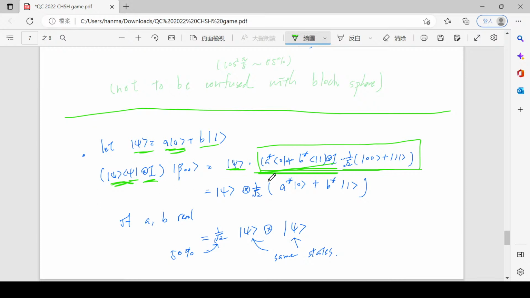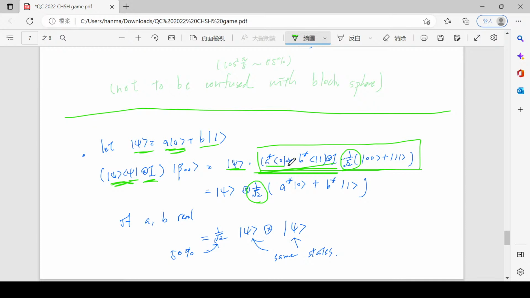This 1 over square root 2 is a number, so we can just pull it out. Then we do the multiplication one by one, using the distributive law.